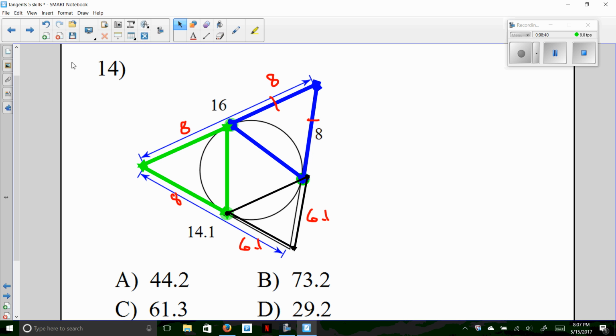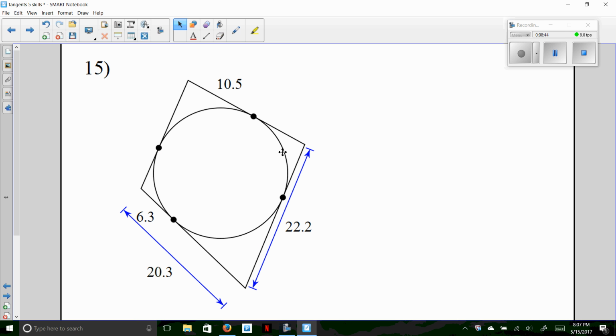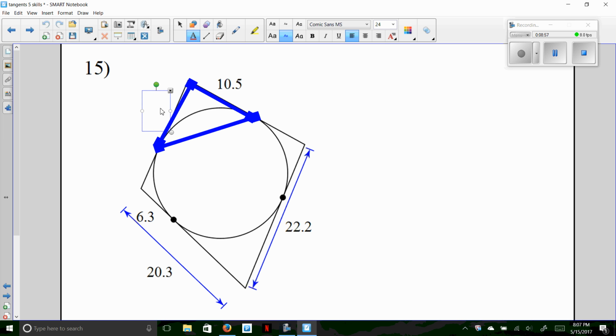And now I get to my last triangle, and these pieces have to be equal, and now I have every single section accounted for, and I would add up all the outside lines to get my answer. So you're making little triangles. These are not midpoints.